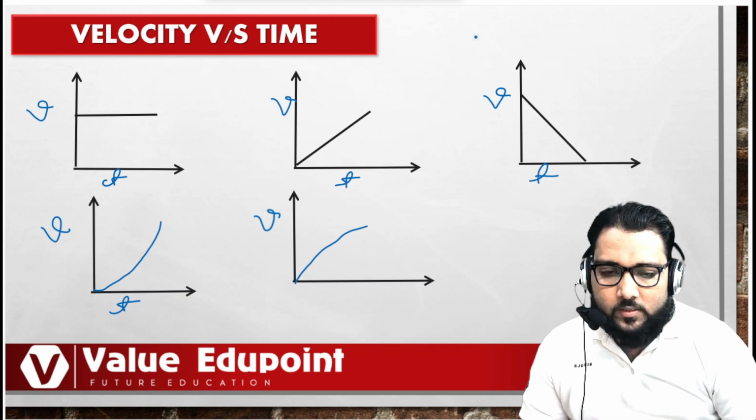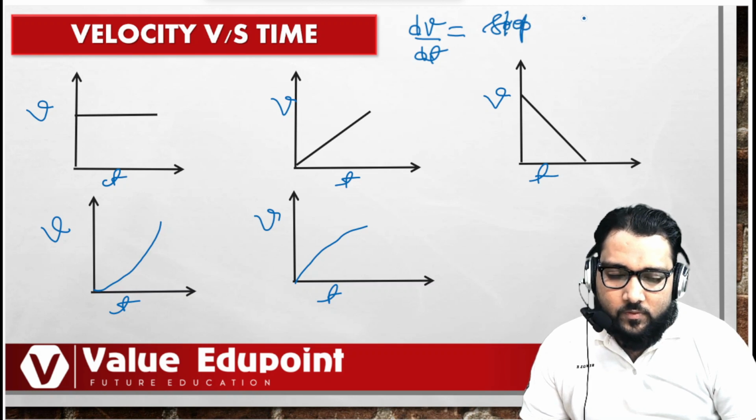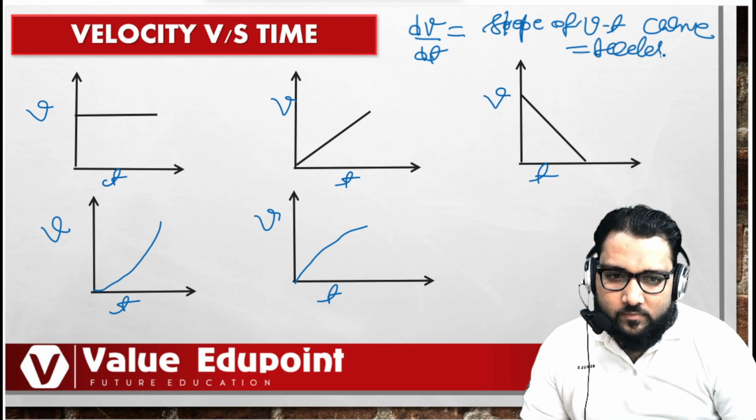Now remember, the slope of the VT curve, that is dv by dt, will give the acceleration.